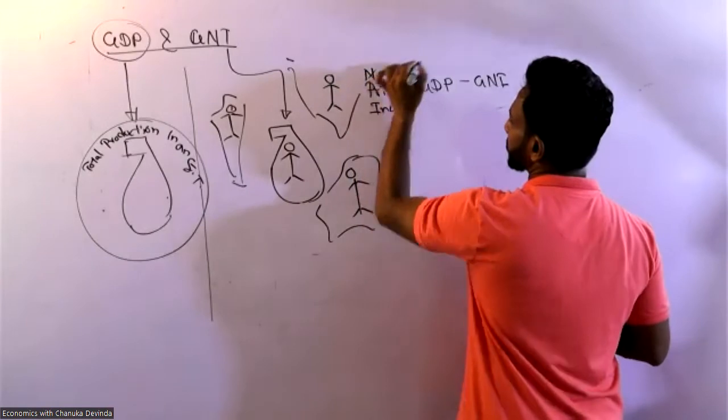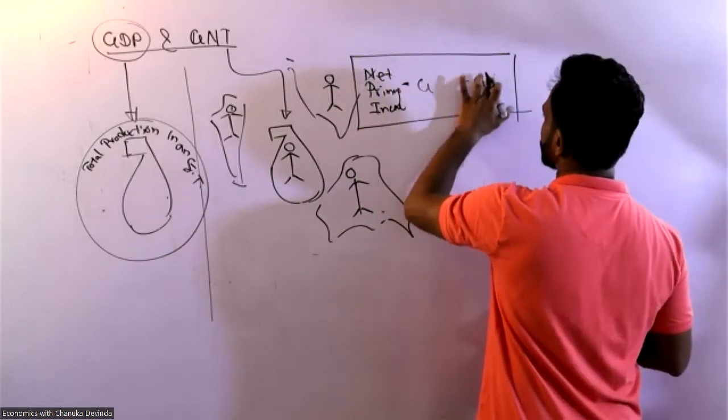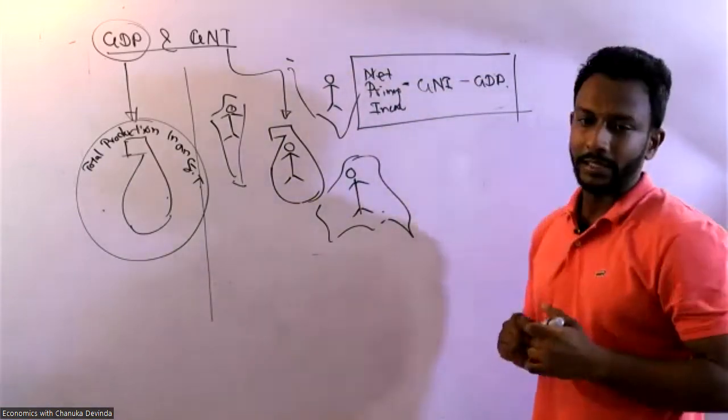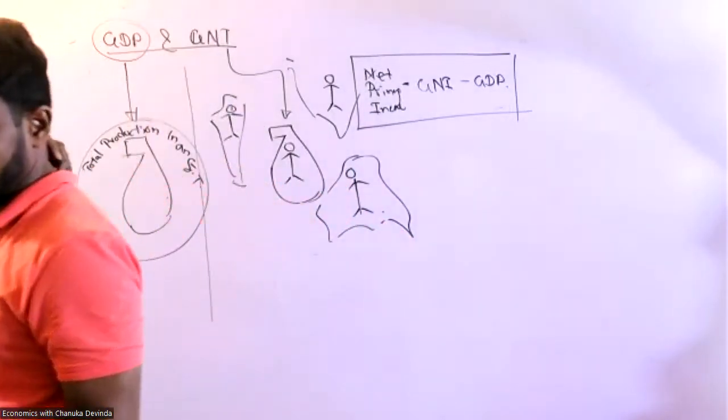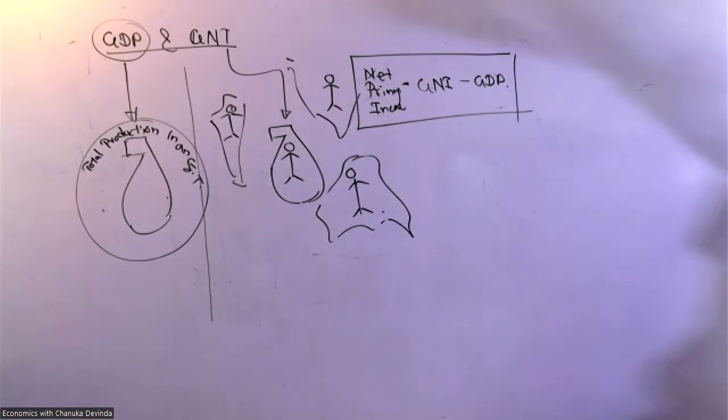You can write this down in the box. We call it net primary income or net foreign factor income.